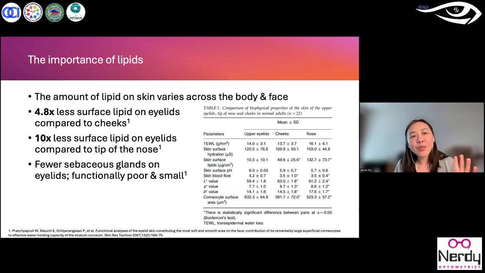The reason why there's such a big variation across the face is because it's believed that the sebaceous glands on the eyelids themselves are smaller and functionally poorer compared to those of the cheeks and the nose.